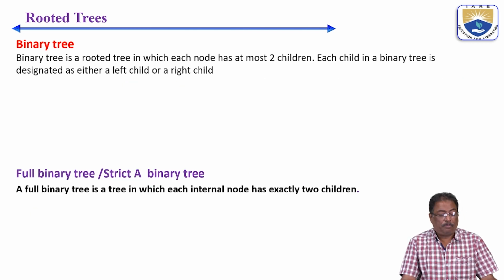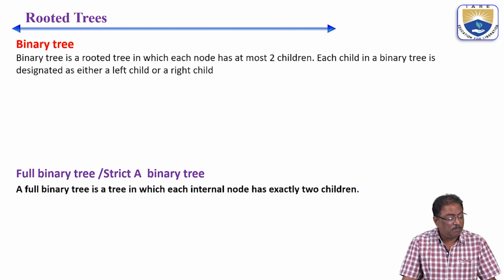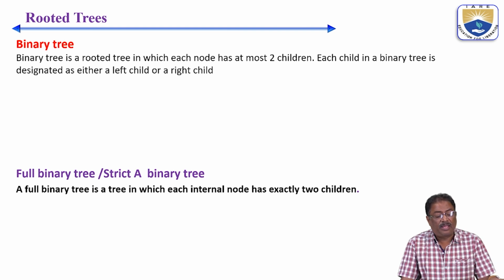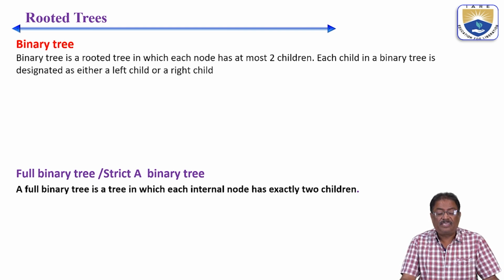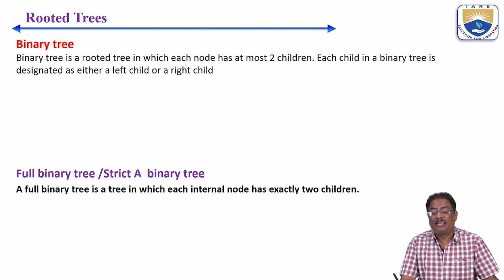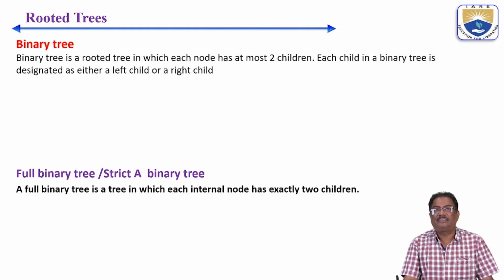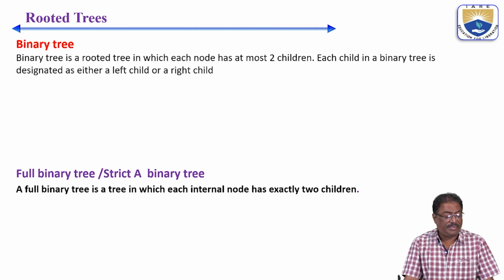Now what is a binary tree? A binary tree is a rooted tree in which each node has at most two children. Each child in a binary tree is designated as either a left child or a right child.